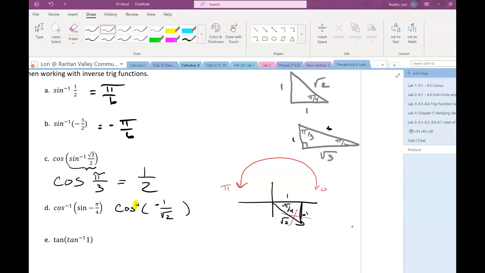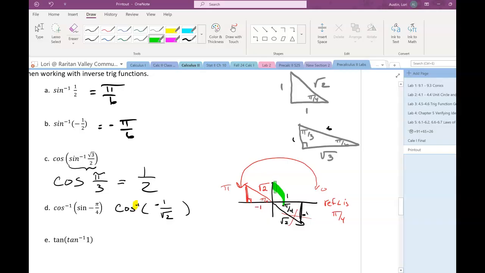Well, it's not going to be in quadrant 1. It's going to be out here where I have adjacent -1, square root of 2. This reference angle is pi over 4. Okay, the reference angle. I don't want the reference angle.